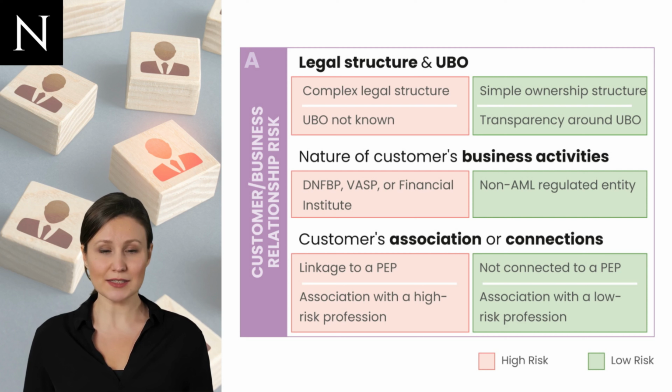The risk for your business is high from a customer if it is a designated non-financial business or professional, DNFBP, financial institute, or virtual asset service provider, VASP, associated with AMLCFT typologies. While other businesses, not exposed directly or indirectly to financial crimes, pose a lower risk. Any linkages or associations with high-risk professions can pose a high risk to your business.